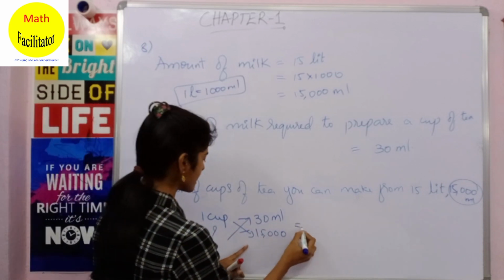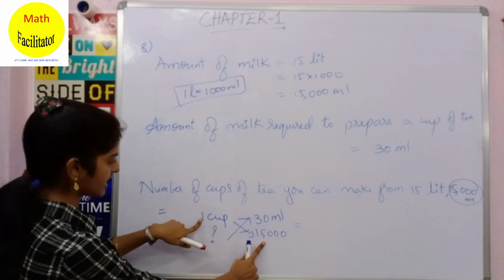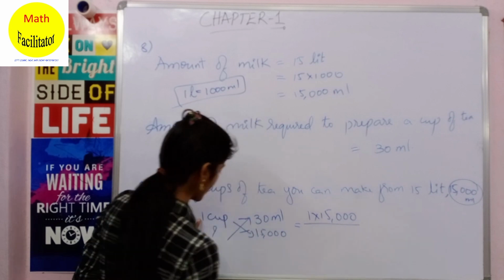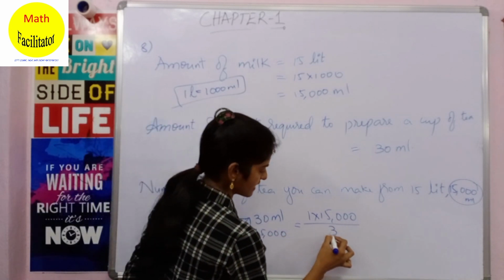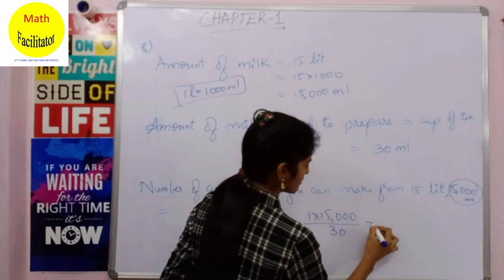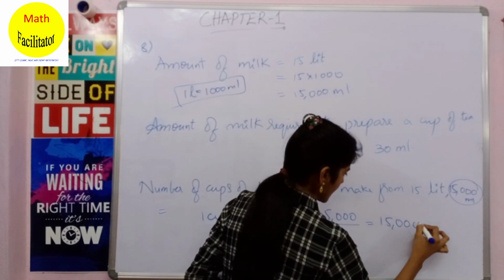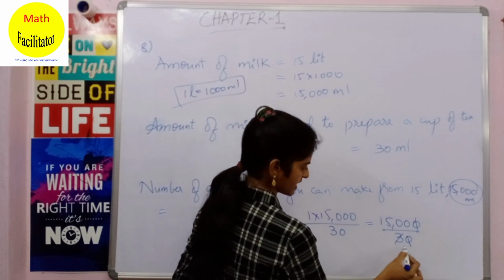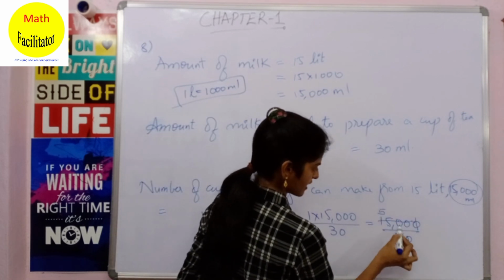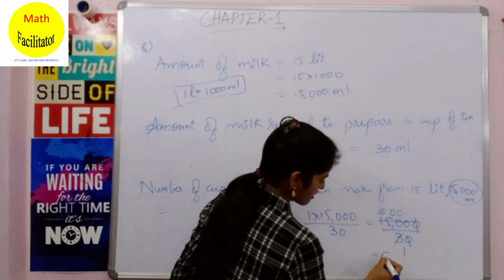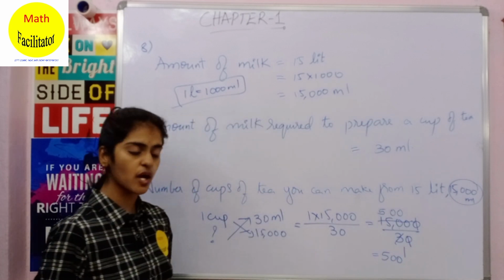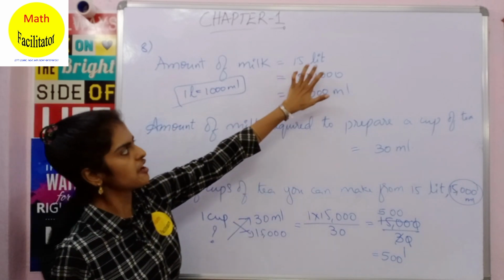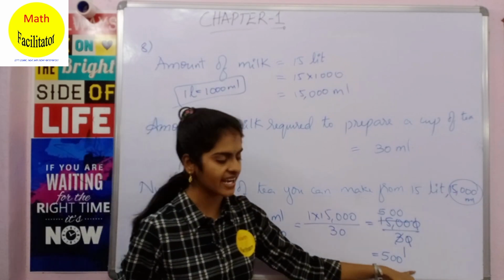That means you will multiply these two. 1 into 15,000 divided by this 30 ml, you will write it as a division. So 1 into 15,000 is 15,000 divided by 30. So the 10 and 10 get cancelled, 3 fives are 15 and you have 2 zeros. So a total of 500 cups of tea you can make from 15,000 ml of milk. 15,000 ml of milk is nothing but 15 liters of milk. You can make 500 cups of tea.